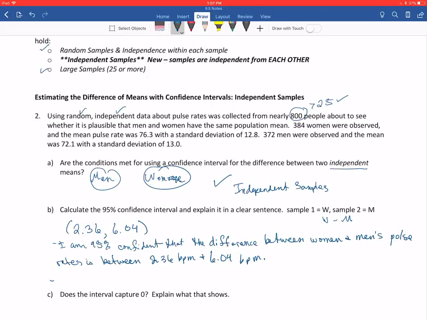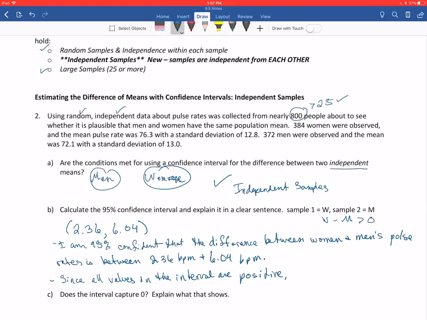And furthermore, what I might go on and say is that since all the values in this interval are positive, and I remember the order I was subtracting in, I was doing women minus men, and I got back all positive values.